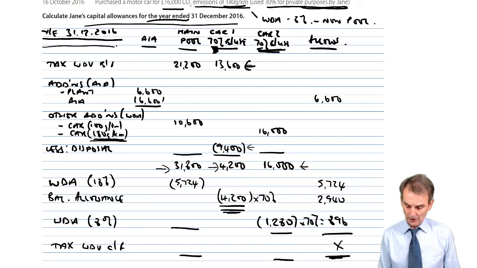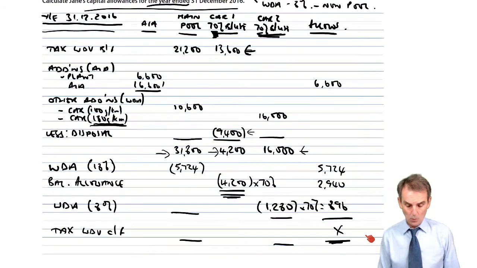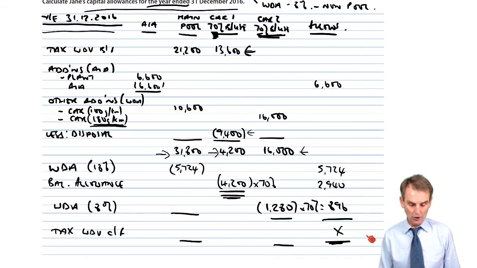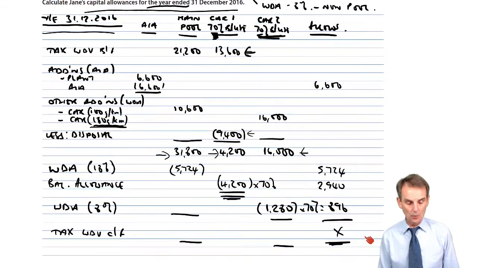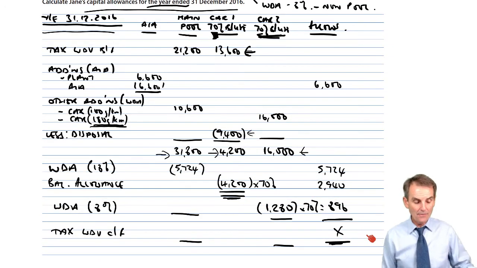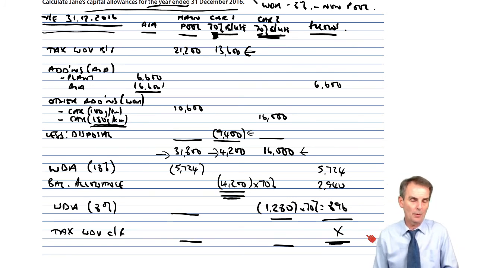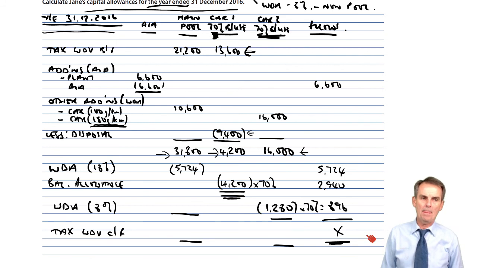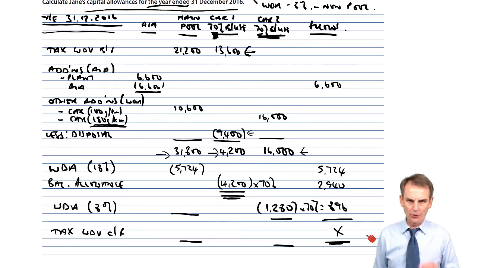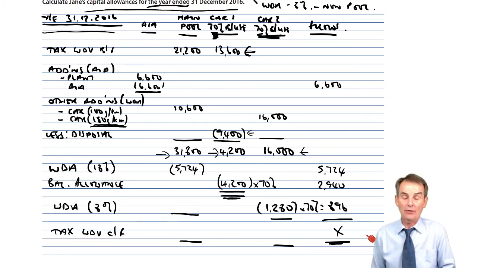Okay, I suggest therefore at this particular point in time that you have a good look through what we have done, go back over these examples, make sure that you are happy with them before we venture further in terms of our studies of capital allowances. The next issue that we'll see, which you can probably see at the bottom of your page of notes there, the main category of non-pool asset that exists is absolutely and most certainly the private use assets, the private use by the proprietor.